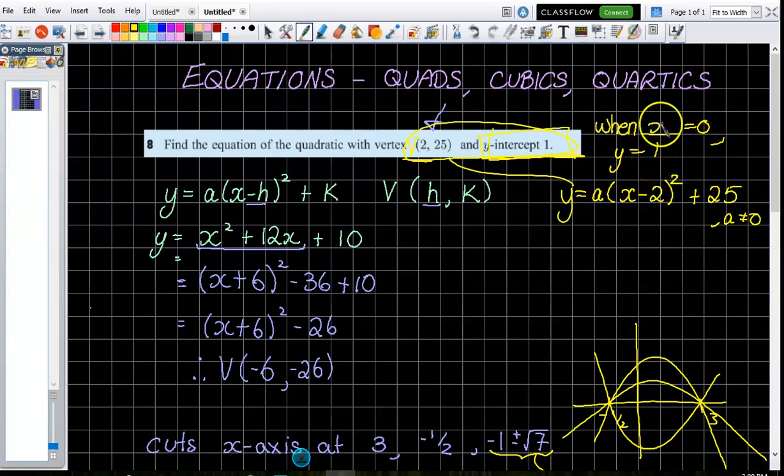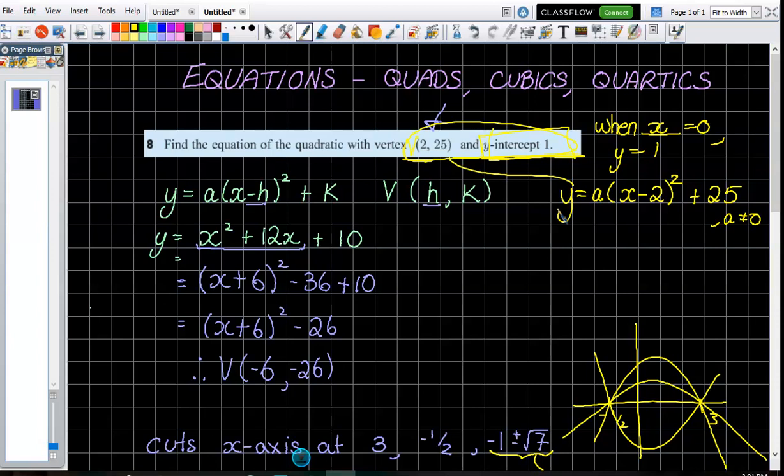When x equals 0, y equals 1. So what will you now do, mystery student? Sub. We all live in a yellow submarine. But sub. That's right. We're going to sub.